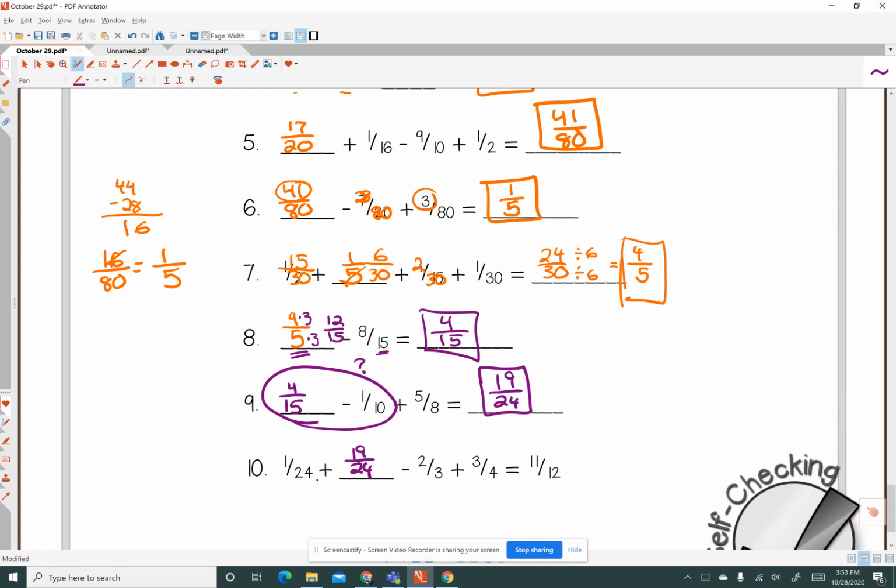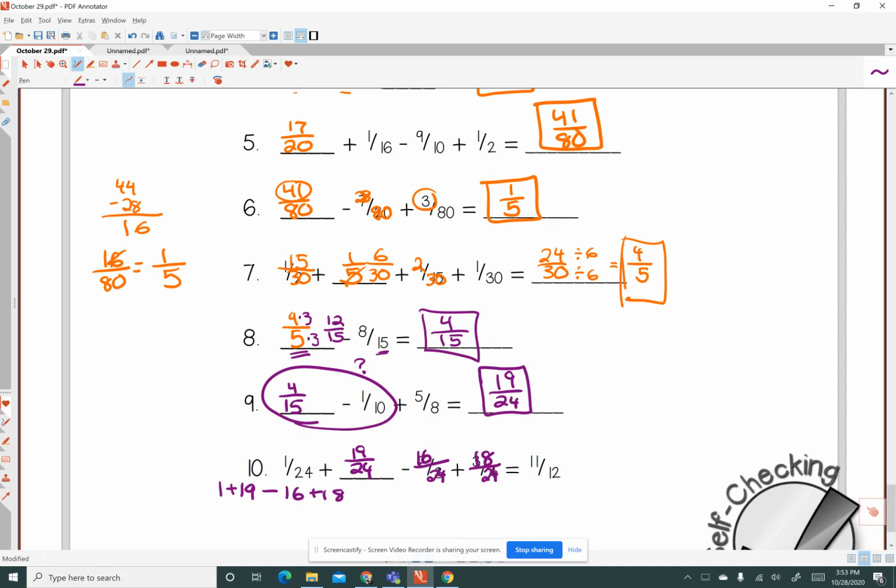And I think we need to convert everything to 24ths because all of these numbers are factors of 24. So if we make this 24, 24 divided by 3 is 8. 2 times 8 is 16. We make this a 24. 24 divided by 4 is 6, and 6 times 3 is 18. So now we have 1/24, 1 plus 19 minus 16 plus 18.